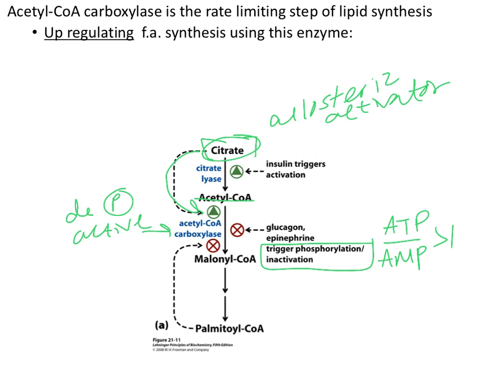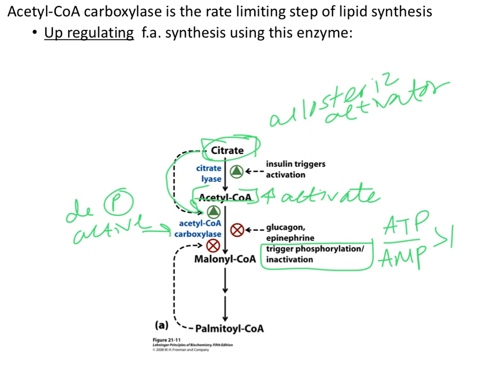So citrate is an allosteric activator of acetyl-CoA carboxylase. Kind of cool, huh? And I feel like I'm missing one. Oh, right. Also, high concentrations of acetyl-CoA also activate. That should make sense because it's its substrate.